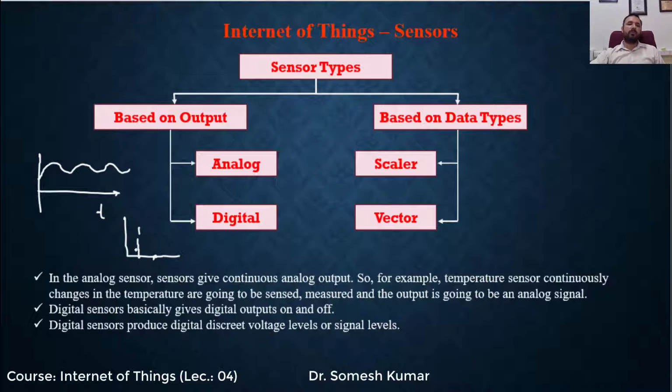So your output should be in the form of 1 and 0. Here 1 can be treated as some range of output and 0 can be treated as some other range of output. So your digital sensors provide discrete voltage or signal levels, meaning physical conditions like temperature or pressure are changed to discrete voltage levels.